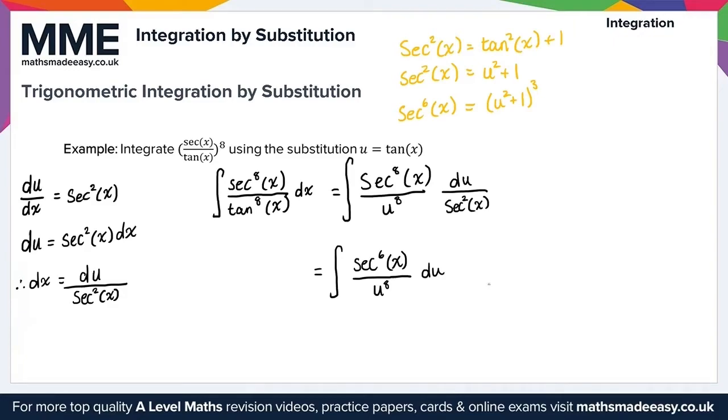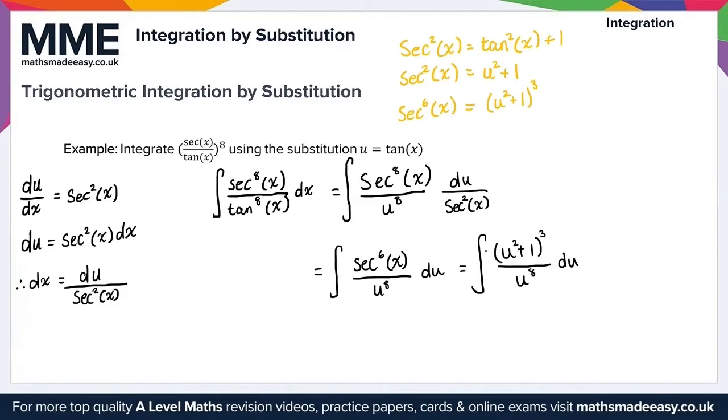So here now, we can start rewriting this integral again. We go back to our original pen colour. Rewriting this integral, using sec to the 6 x is equal to u squared plus 1 to the power of 3, this now becomes u squared plus 1 to the power of 3 all over u to the power of 8 du.